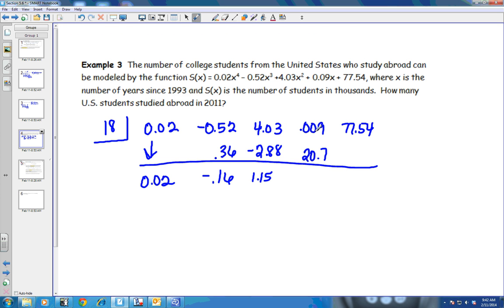When I add these up, 20.7 plus 0.009, I get 20.709, and that times 18 is 372.762, and when I add those together, I get 450.302.